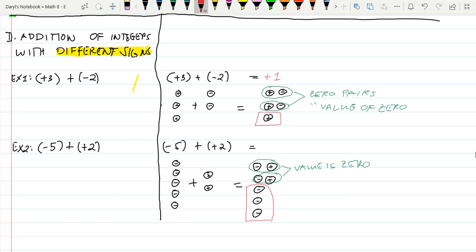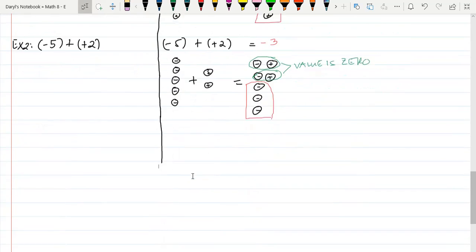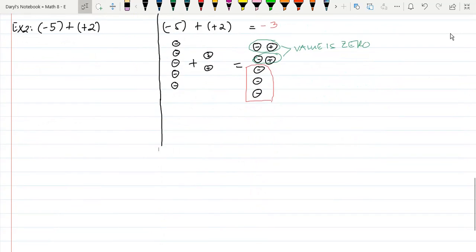Therefore, the answer is negative 3. You have 2 negative chips paired with 2 positive chips, which gives you a value of 0. Again, we call them zero pairs.